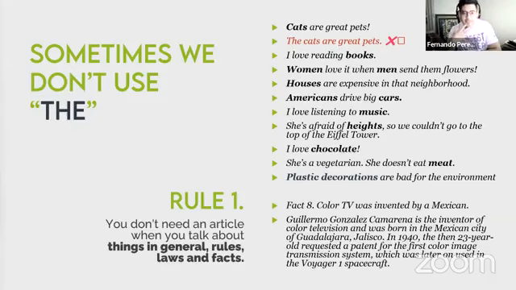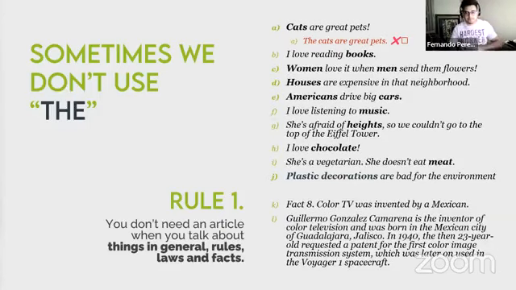So let's read these examples. Okay, let's start with Brian. Read the next example. Example letter B. I love reading books. That's right. In this case, are we speaking in general?